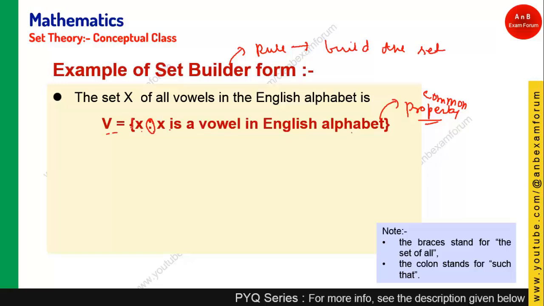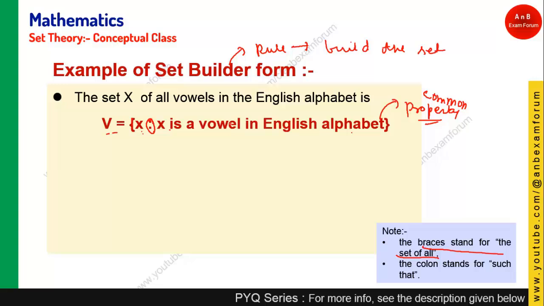It's just a way of speaking, how to speak the set. This set builder is important. So V is the set of all the x such that x is a vowel in the English alphabet. The rule is given, and with that rule you can build the set, right? And that set building can be in the roster form or the normal mathematical form.